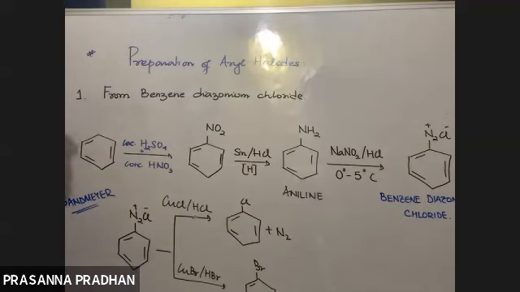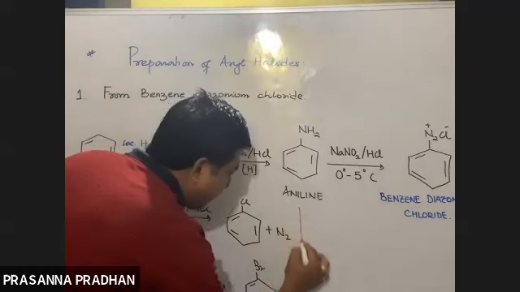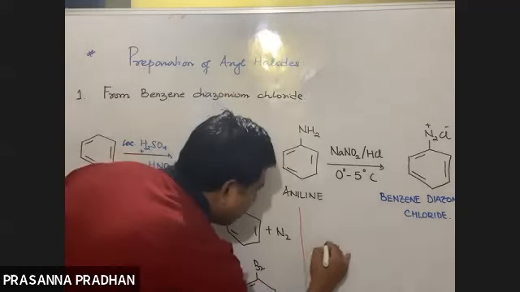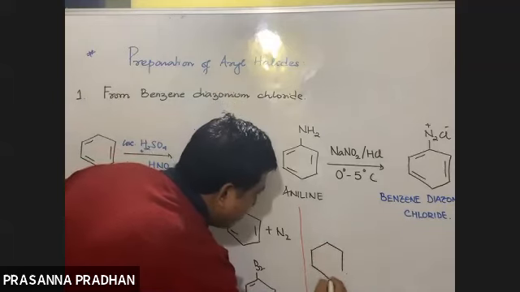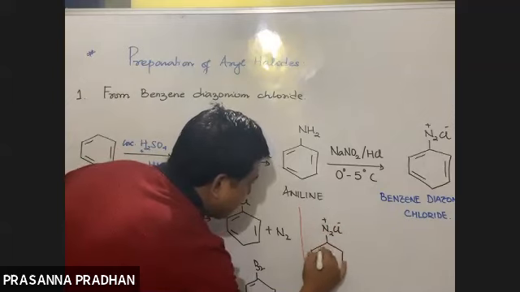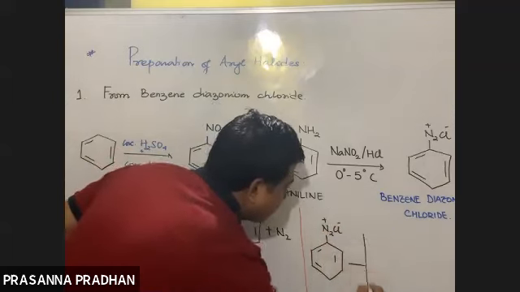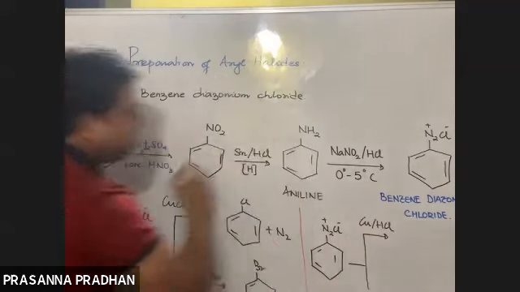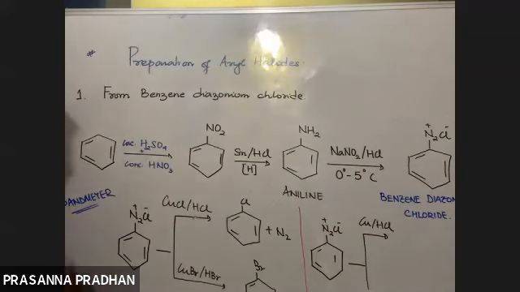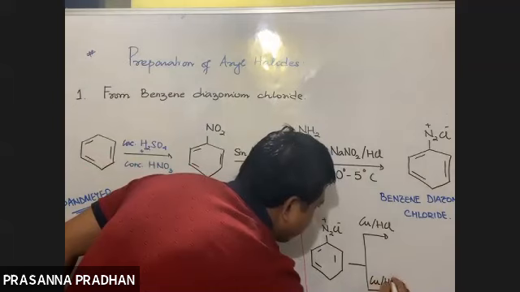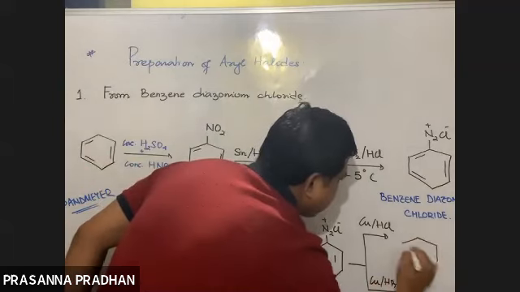Okay. Now, a similar type of reaction can be carried out. So when benzene diazonium chloride is treated with just copper and HCl, we are not using CuCl, we are just using Cu and HCl, or when it is treated with Cu and HBr, we get the same product.